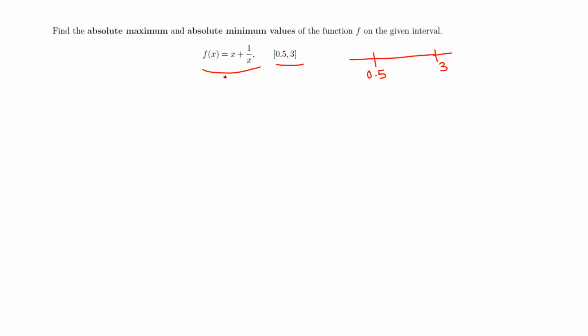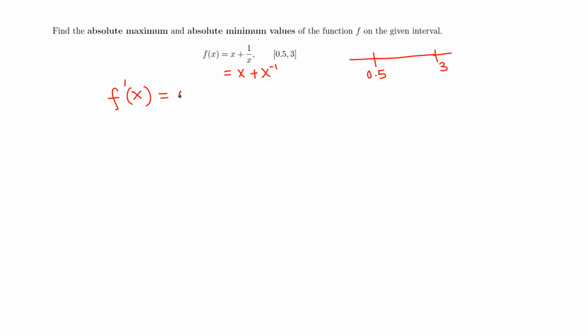Okay. So first we want to find the critical numbers of this function. To find the critical numbers, we find the derivative of the function. So the derivative is, we got two terms. This is the same as x plus 1 over x, which is x raised to negative 1.